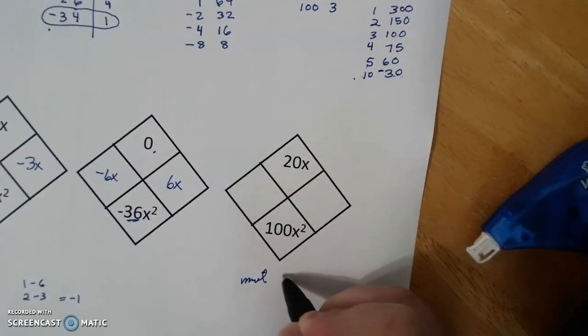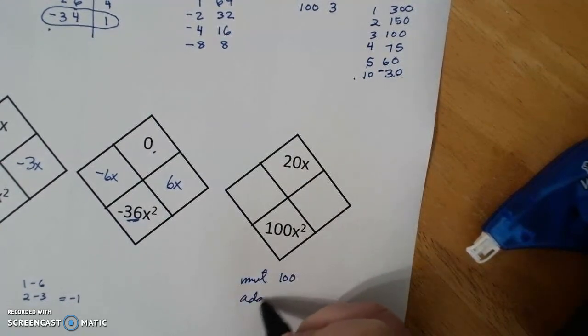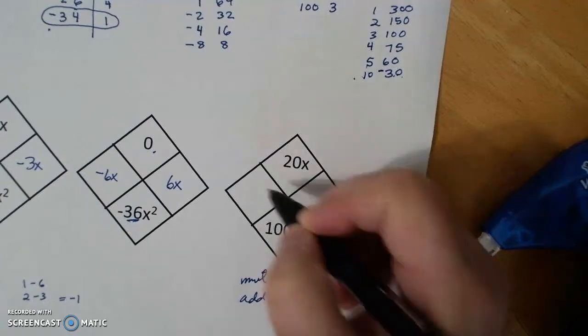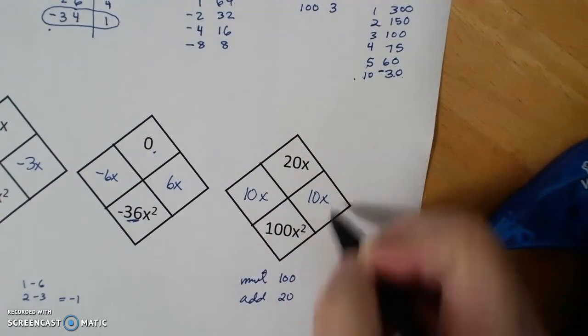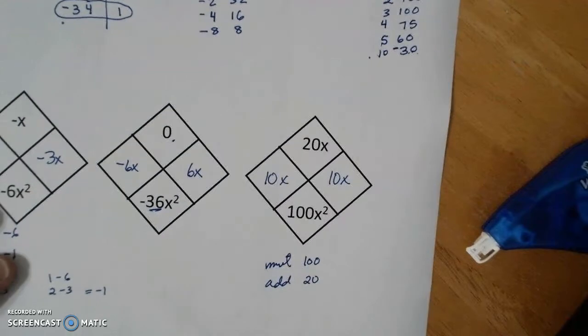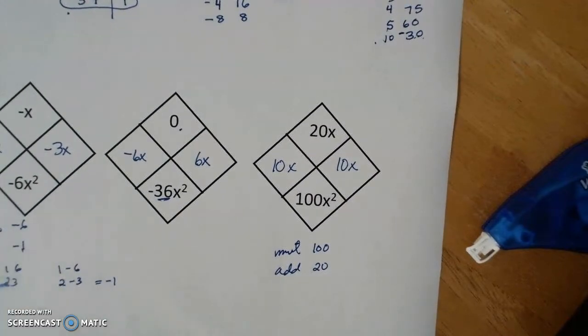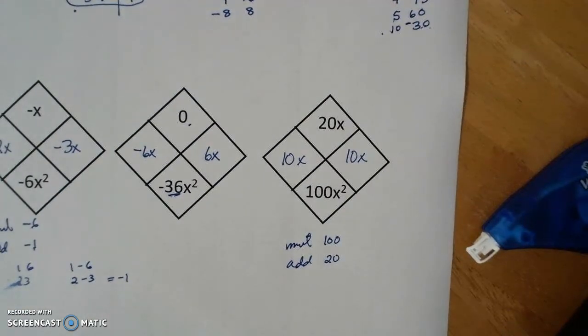Multiply to 100, add to get 20, 10x and 10x. Some of these you'll see, some of them you won't. I'll work with you on how to factor and how to figure it out.